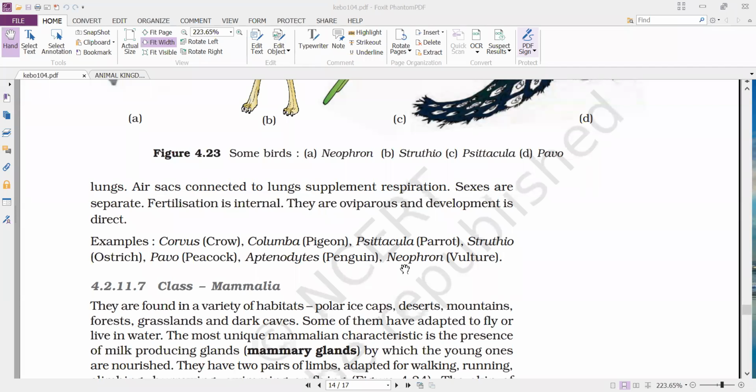These are some of the common birds that we observe around us: Corvus, Columba, Psittacula, Struthio, Pavo, Neophron.